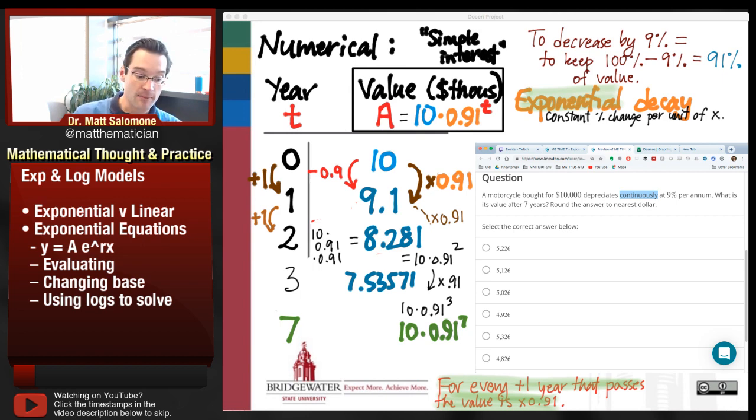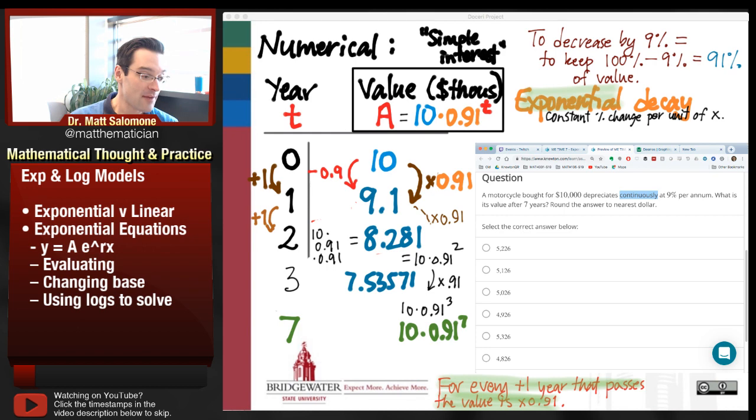And this word continuously causes a lot of heartburn because to really adequately, rigorously understand what it means for something to decrease or increase at a continuous rate really is a question that we need calculus to answer completely, to be completely satisfied with what continuously even means.